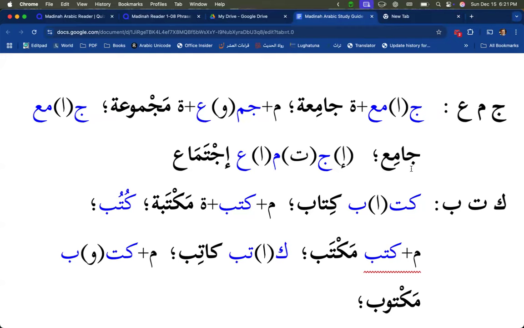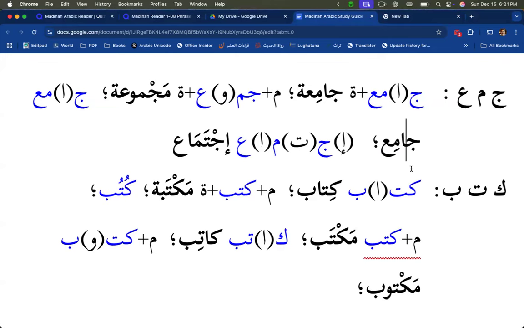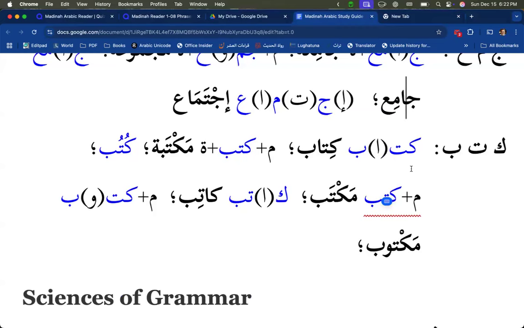Jami' means someone who gathers, or a comprehensive thing. For example, Jami' at-Tirmidhi, the hadith book of Imam at-Tirmidhi, it's called a Jami'. Why? Because it's comprehensive, not just a collection. Okay, like that. So you guys get the idea?